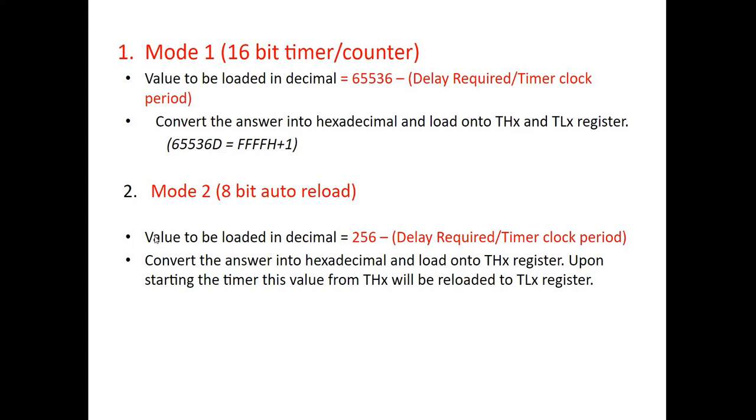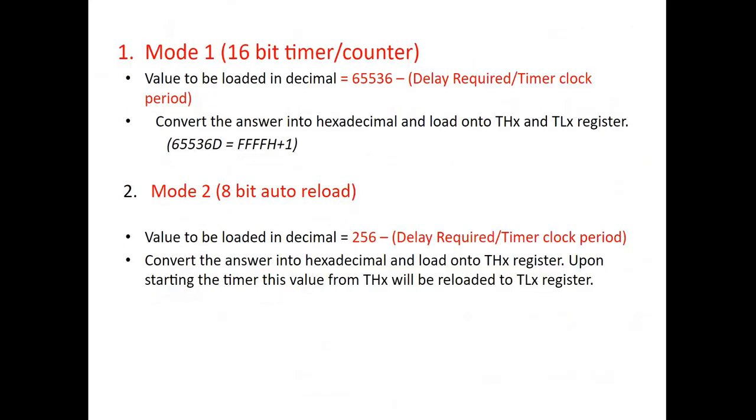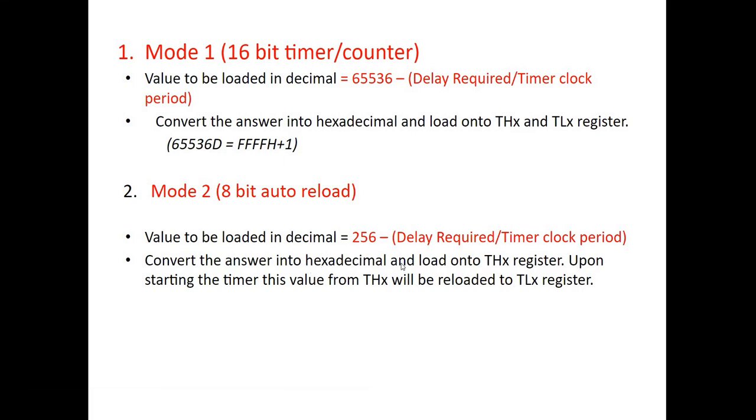So if you want to find out what value is to be loaded in decimal, then the required delay divided by the timer clock period should be subtracted from 256.